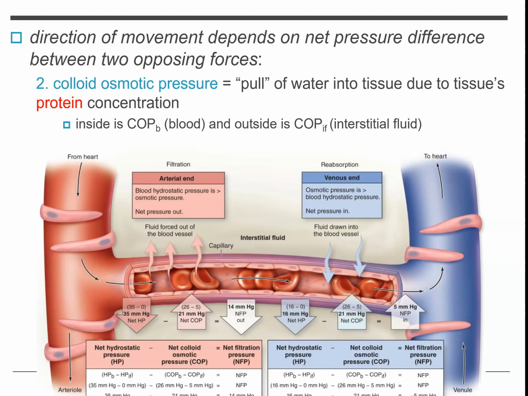So inside is the blood colloid osmotic pressure, so how many proteins are in the blood tissue, because blood is a tissue, right? And then how many proteins and what's the pressure there in the interstitial fluid. So that's where you'll see net colloid osmotic pressure. And again, it's going to be the difference between what's in the blood and what's in the interstitial fluid.